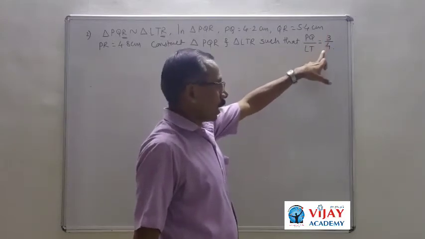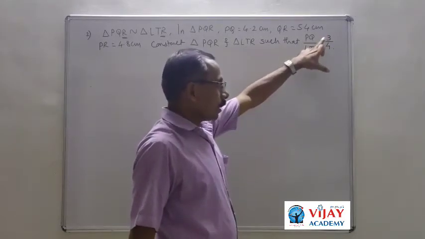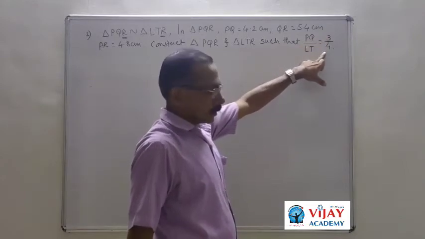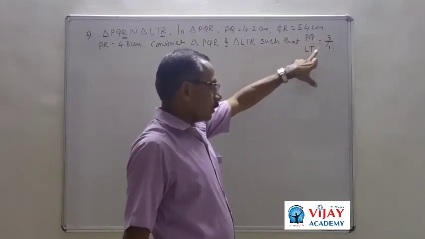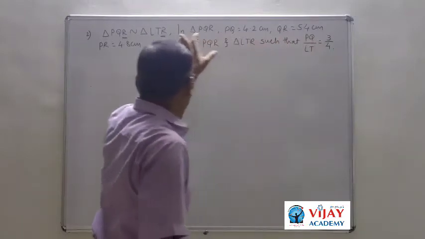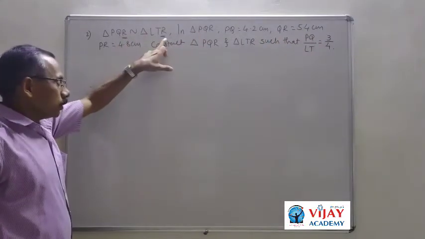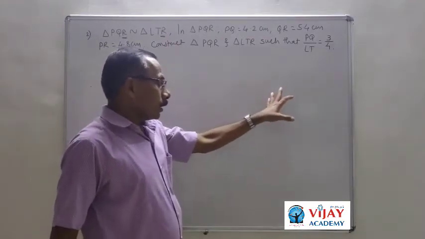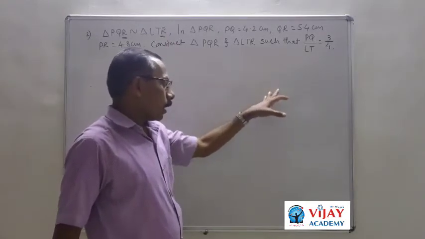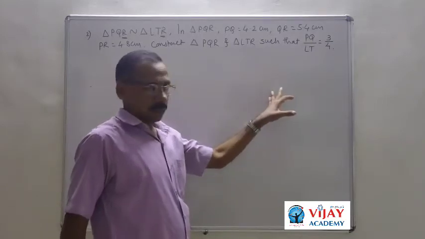This indicates which triangle is smaller and which triangle is bigger. It means that in this case one vertex is common, so both the triangles are along the common vertex.